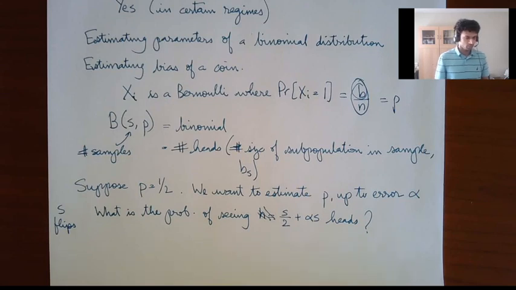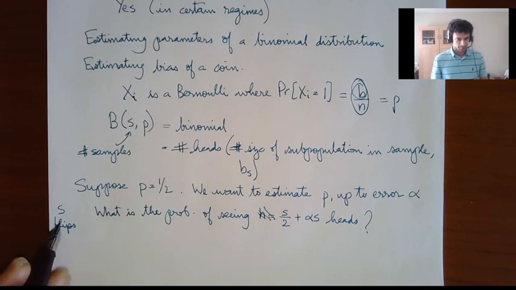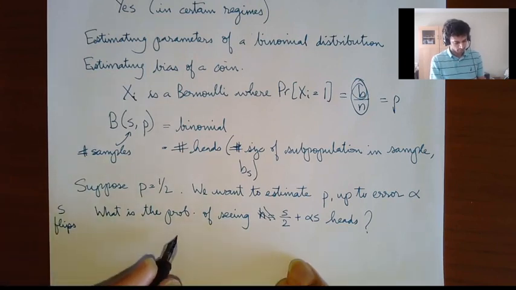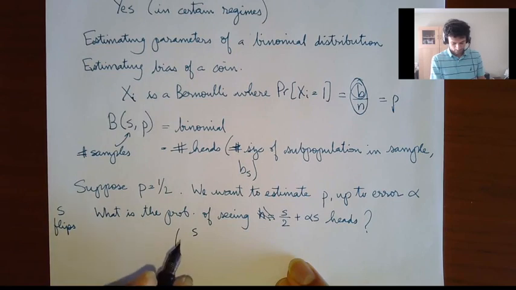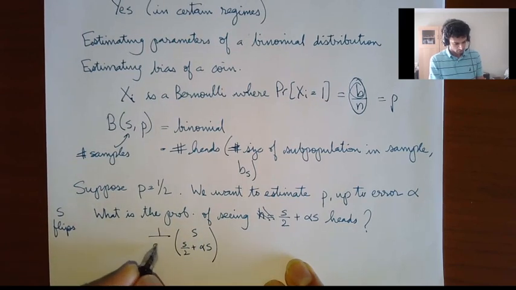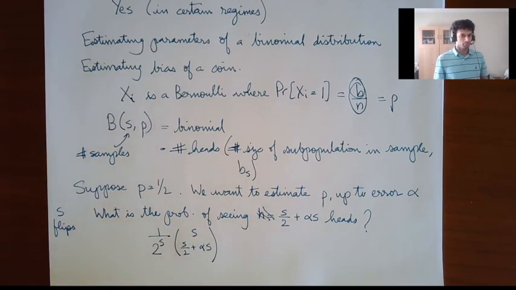Have I lost everyone here? It's the number of flips that you're doing, which is S, choose the number of heads, times 1/2 to the S. That's the probability.